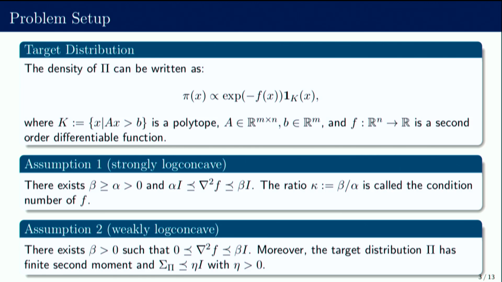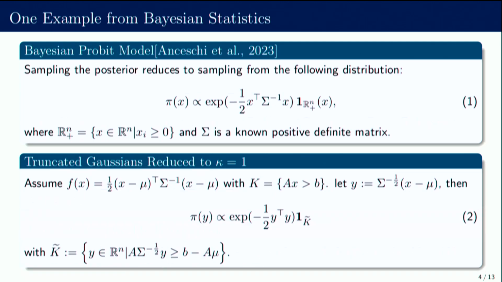Moreover, we assume the target distribution has a finite second moment, and its covariance matrix is upper bounded by eta I, or you can treat eta as the largest eigenvalue of this covariance matrix. There are a lot of examples of these kinds of target distributions from the statistics community. First, the Bayesian probit model from the Albert and Chib paper.